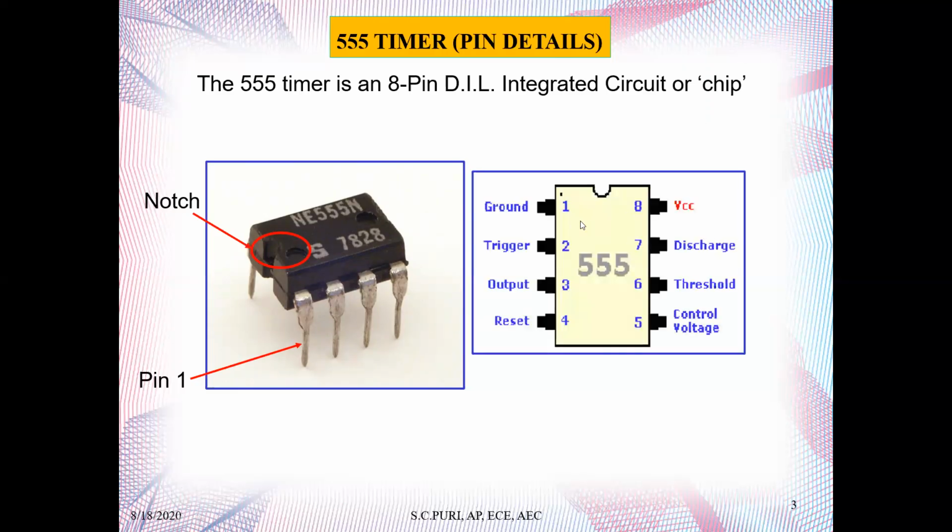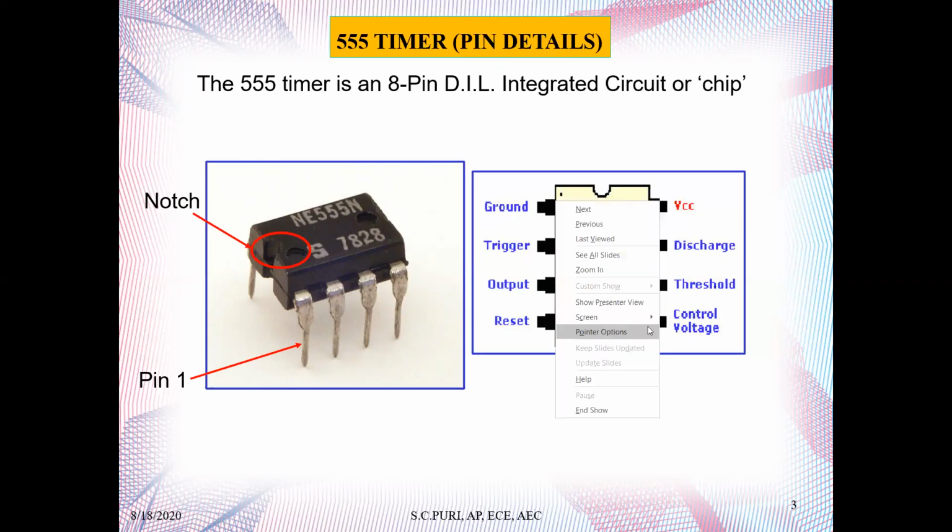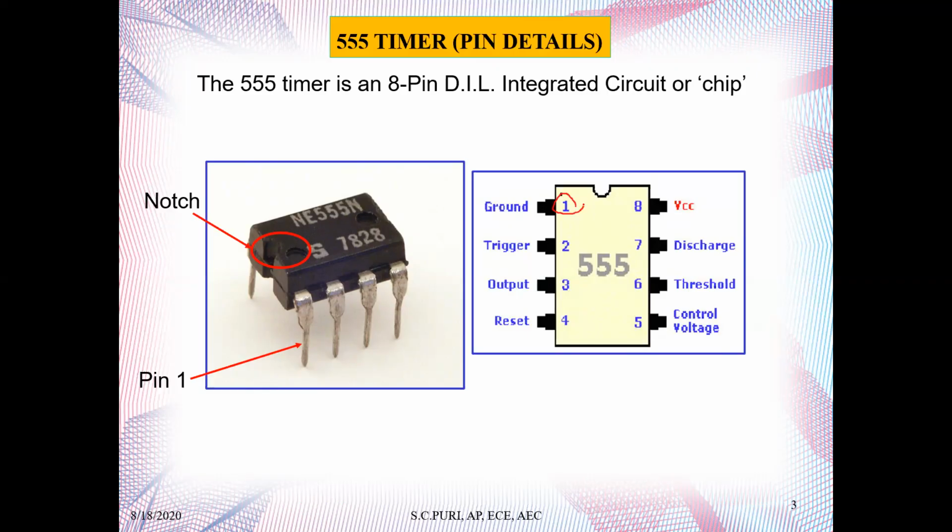As you can see here, there are 8 pins. So pin 1 is ground. This ground pin connects the 555 timer to the negative, or 0 volt, supply.